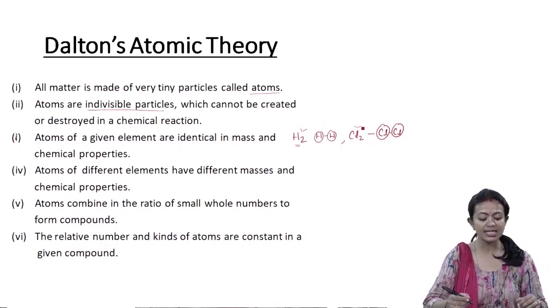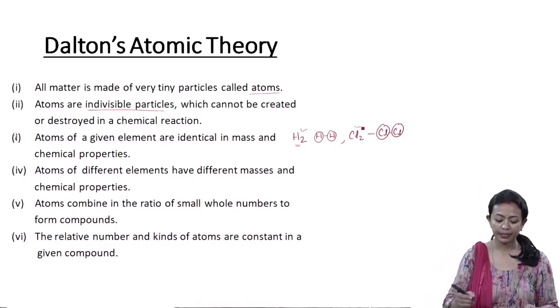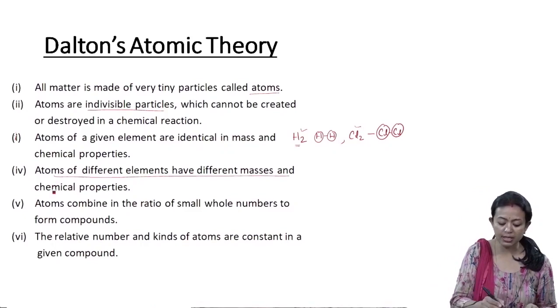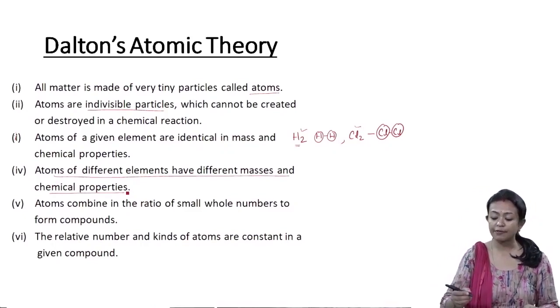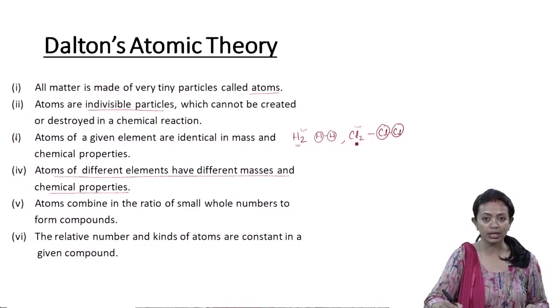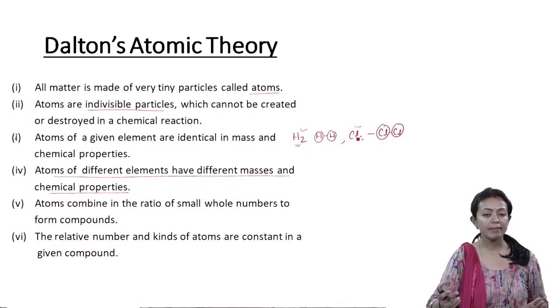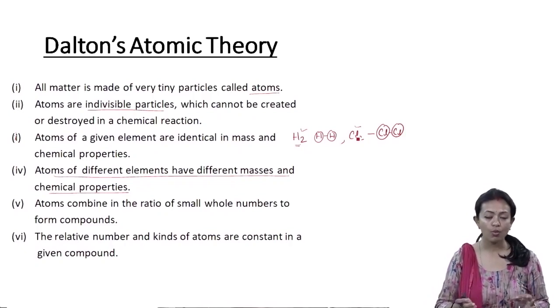Whereas when you make a comparison between two elements, then they are absolutely different from one another. And this is exactly what he states in the fourth theory. Atoms of different elements have different masses and chemical properties. That means if I make a comparison between hydrogen and chlorine, then the atom of hydrogen is very different both in terms of physical and chemical properties than the chlorine atom. Whether I compare two metals, two non-metals, or a metal and a non-metal, the atoms of different elements are absolutely different in their mass, their physical and their chemical properties.